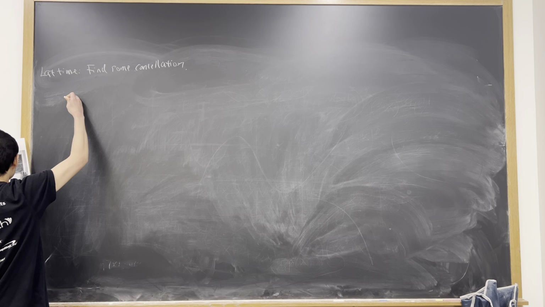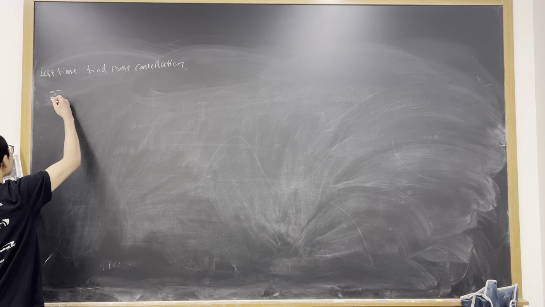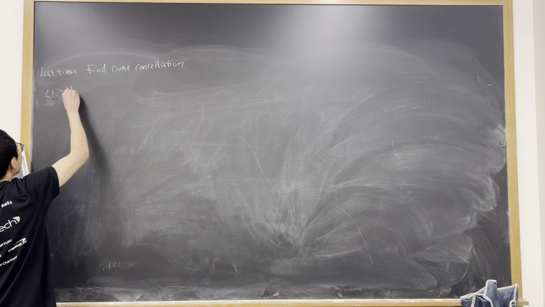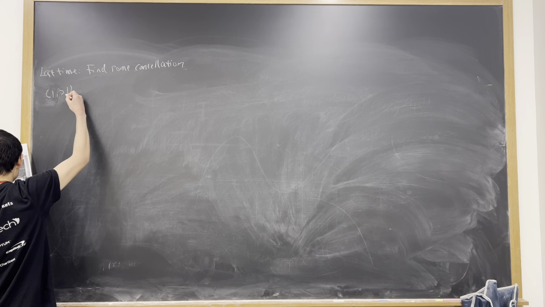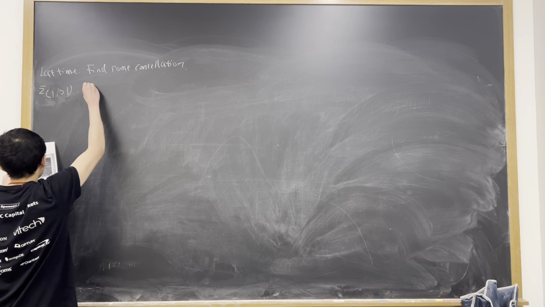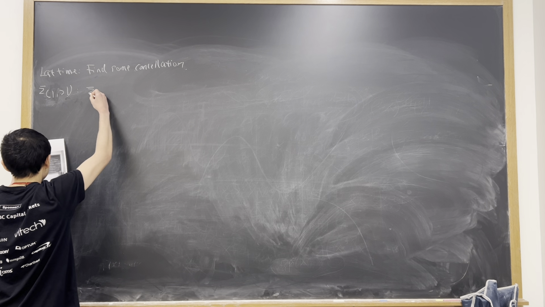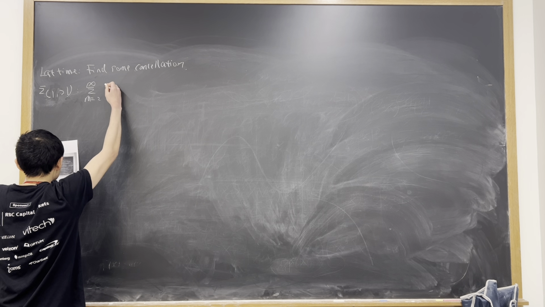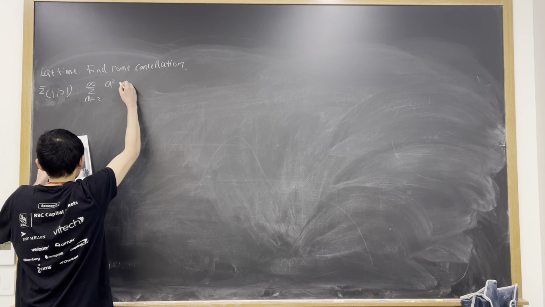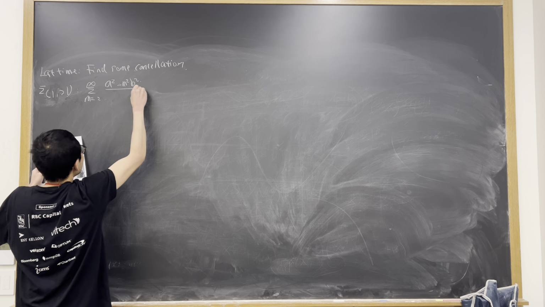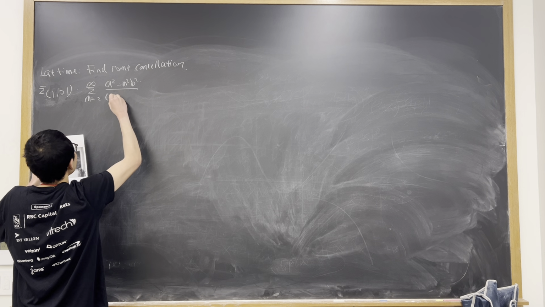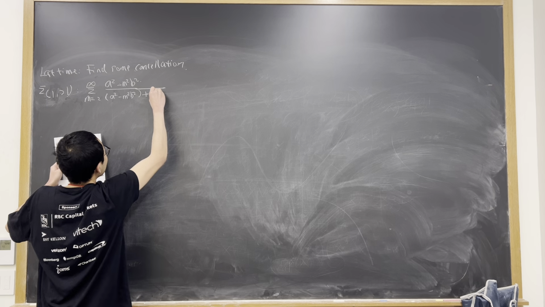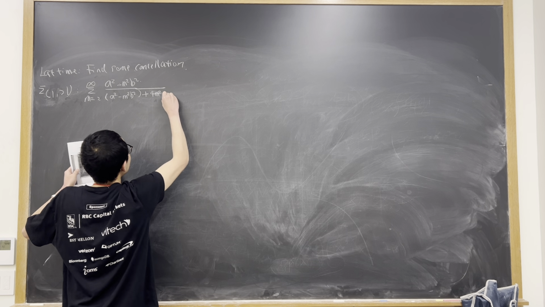So here first we sum over positive 1, and then this is the sum over m from 2 to infinity of a squared minus m squared b squared over a squared minus m squared b squared plus 4m squared a squared b squared.